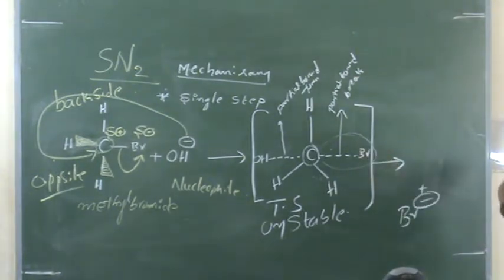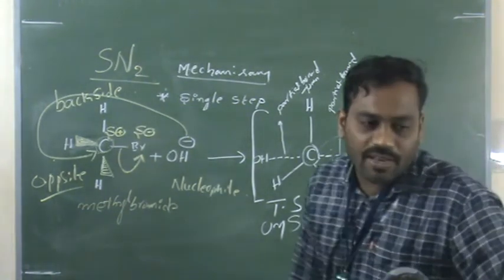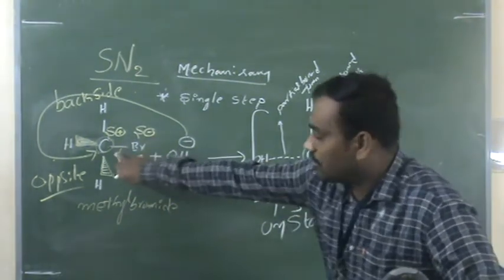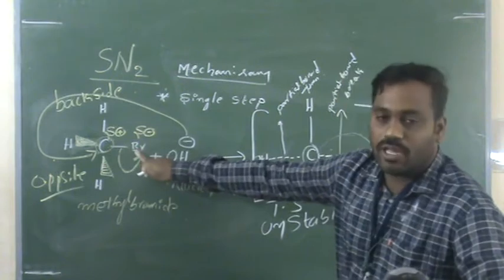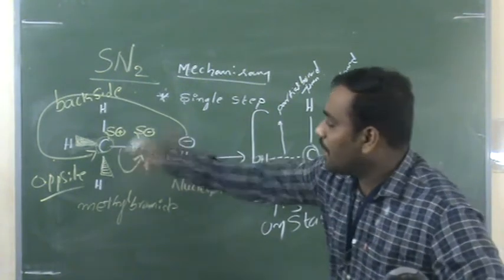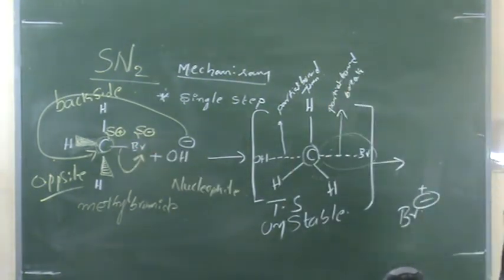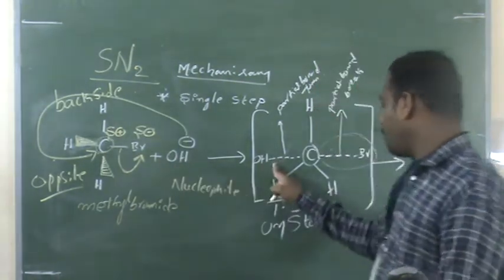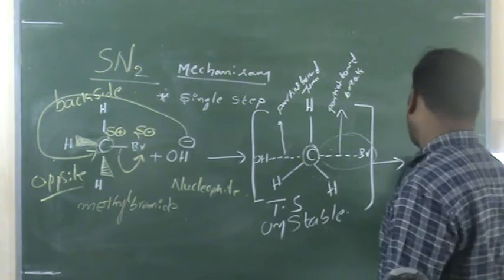Complete Br is coming out. How is the Br coming out? With a negative charge. Why? Because it is taking these electrons. Due to its higher electronegativity, it takes the electrons. That's why finally the Br comes out in the form of minus charge. Now there is a complete bond formation between the carbon and OH minus.